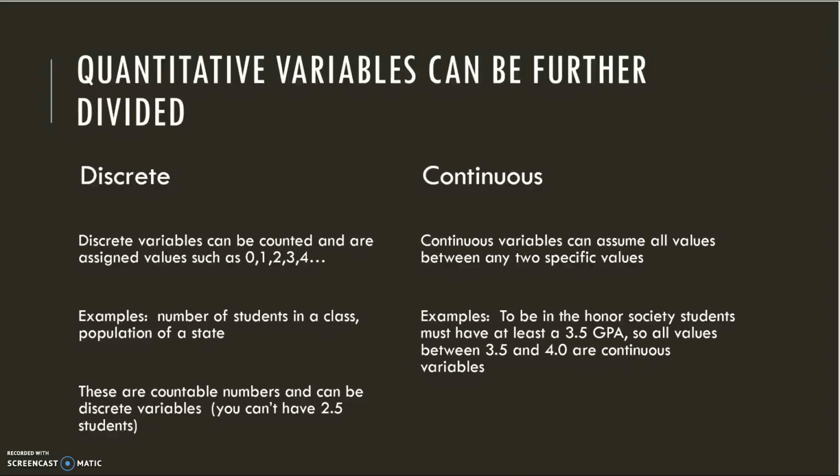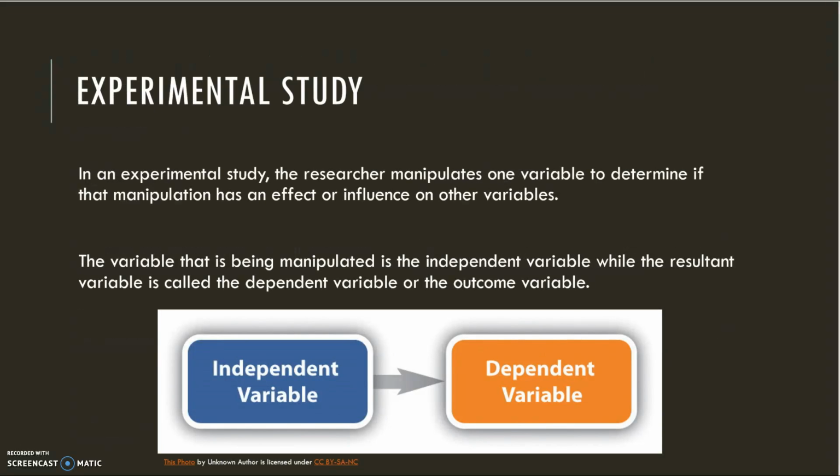Variables are used in experimental studies to be able to determine the influence. For example, researchers change up or manipulate one variable, an independent variable, to see if it has an influence on the outcome variable or dependent variable.